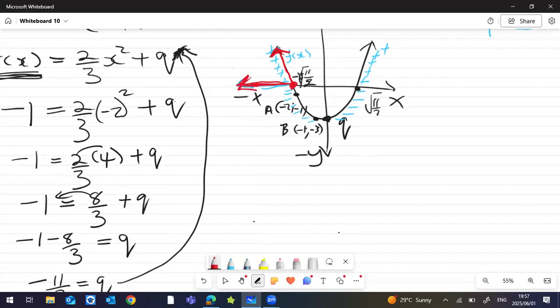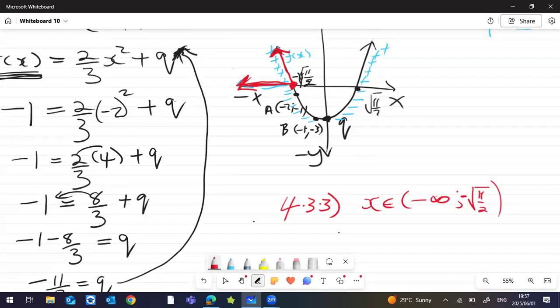So for 4.3.3, the solution will be x is an element of from minus infinity to minus the square root of 11 over 2.